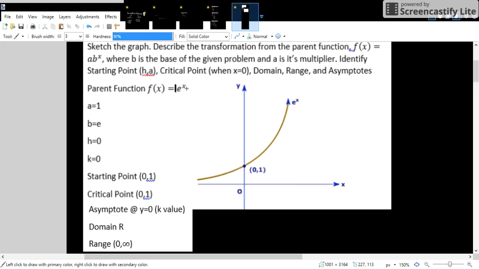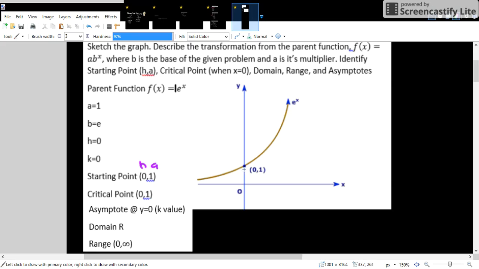H is 0 because we don't have x plus anything, so there's a 0 there. And then there's no vertical shift, so our k is also 0. So our starting point, h is 0, and our a is 1.